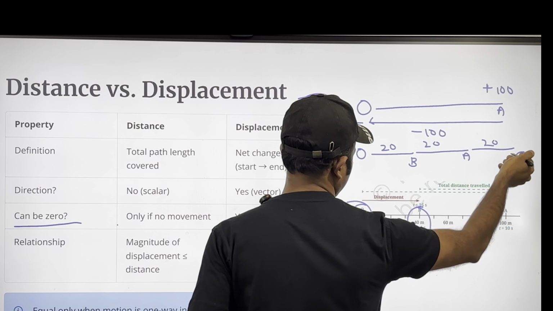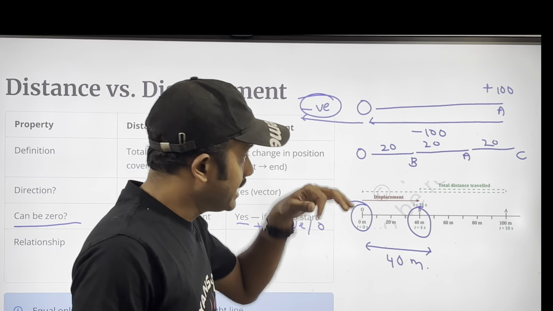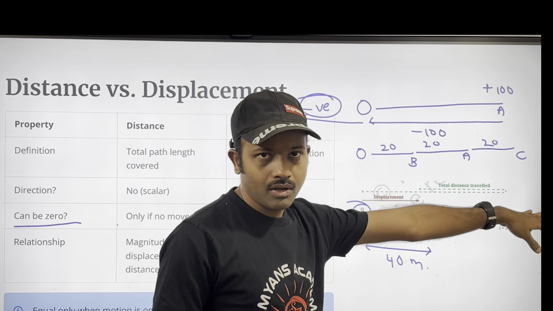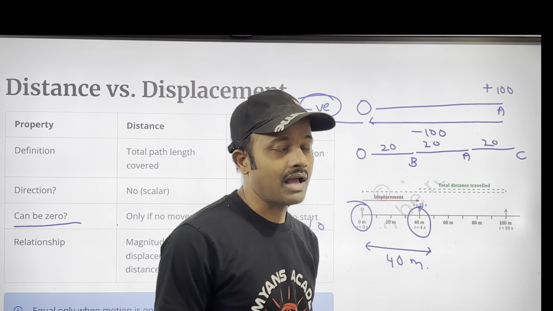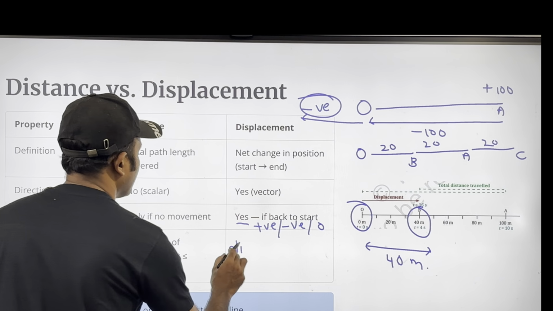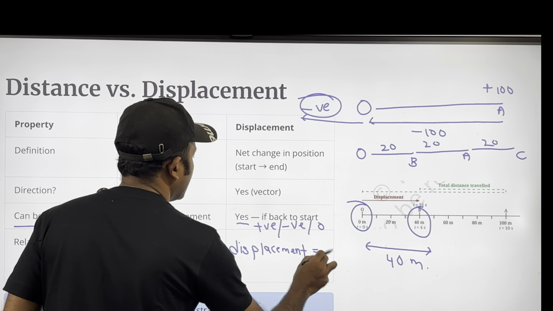So 20 plus 20 plus 20, total distance moved from O to C is 60. Let us say our object is moving from O to C. In this case, the distance is 60 and displacement is also 60. The displacement value is equal to distance.